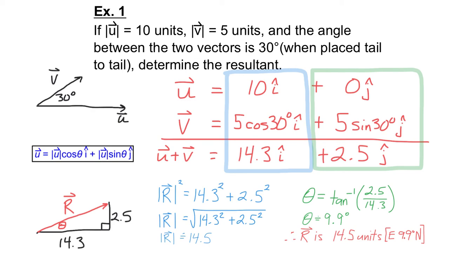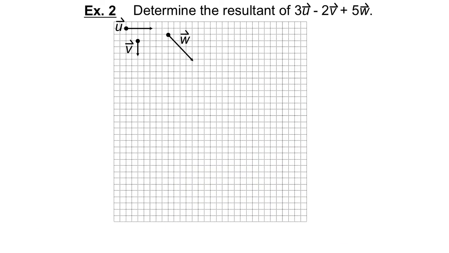Let's try another example. This time we have a grid. Determine the resultant of 3u minus 2v plus 5w. Now, I did a similar example in the previous lesson where we just drew it on the grid and figured it out geometrically.